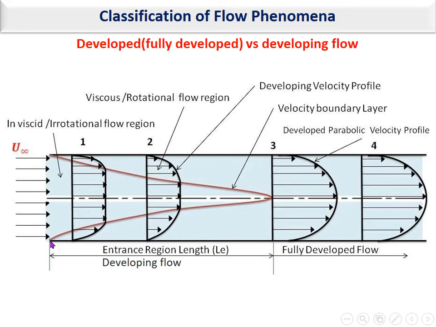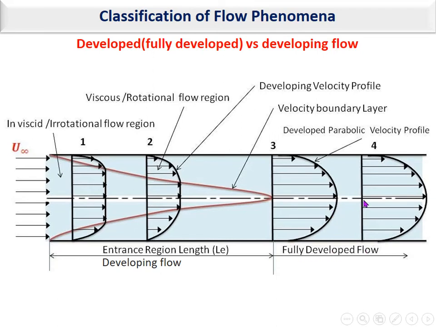Starting from the beginning of the pipe up to point 3 is named the entrance region or developing flow. And the flow further on from point 3 to the right is named fully developed flow.